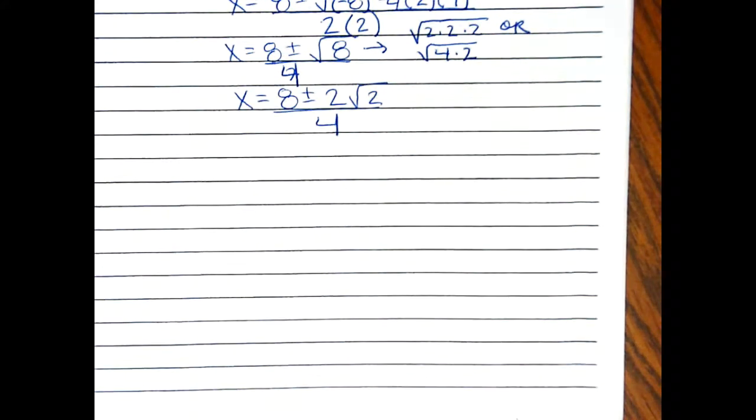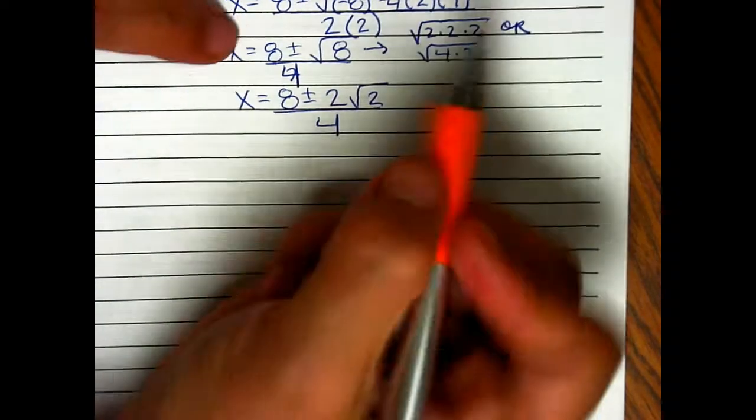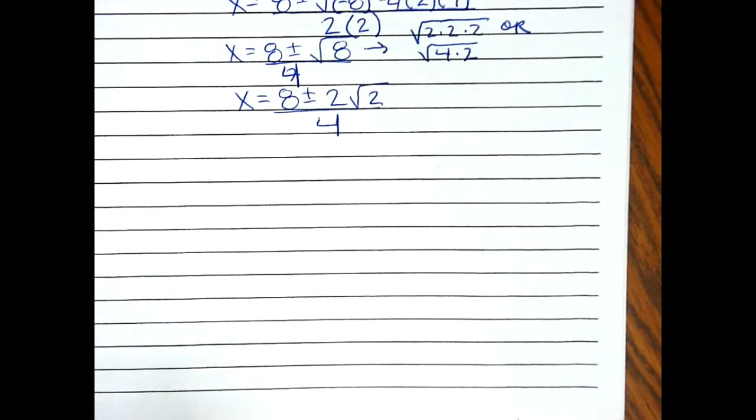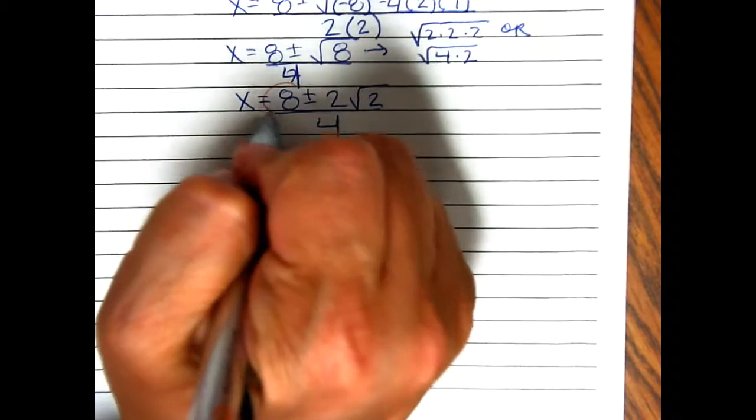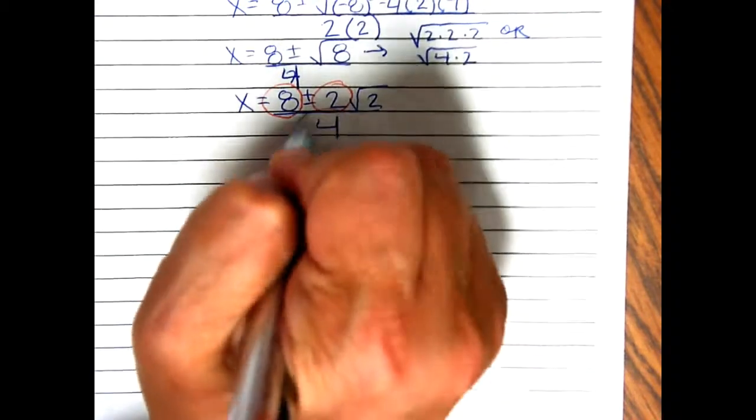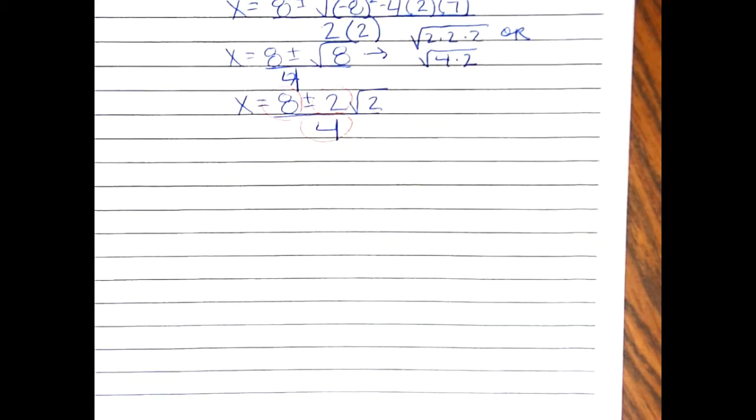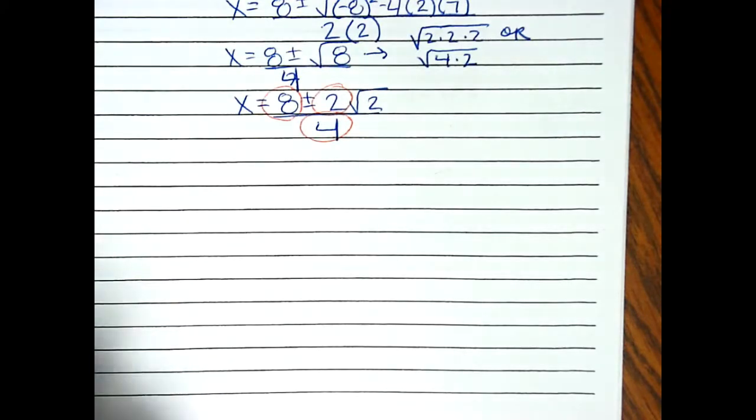Now, a little bit different, you need to just make note of when you have all 3 terms that have a common factor. So I have 8, 2, and 4. Okay, and those can all be divided by 2.